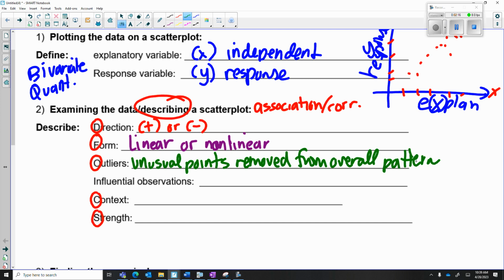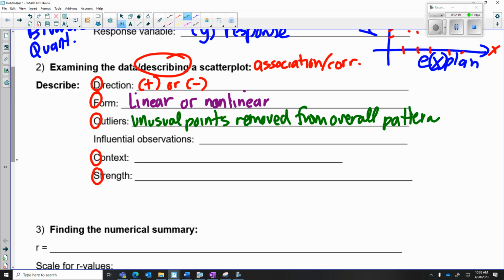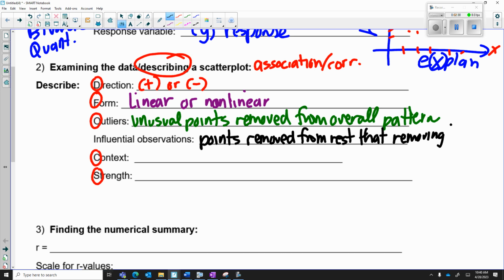These are outliers that are usually in one direction, like the y direction, and if you remove them, they would alter the placement of the least squares regression line, and also will probably affect the correlation coefficient.